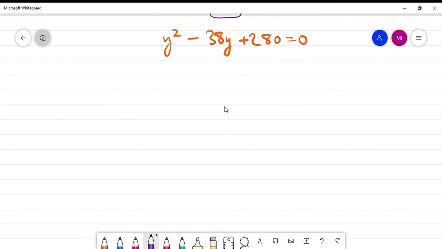Now let's check if this is factorizable. AC is equal to 1 into 280, which is equal to 280.